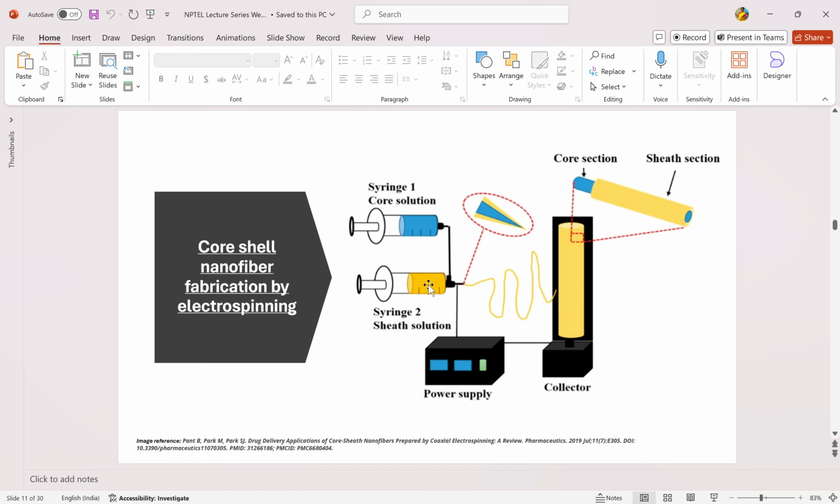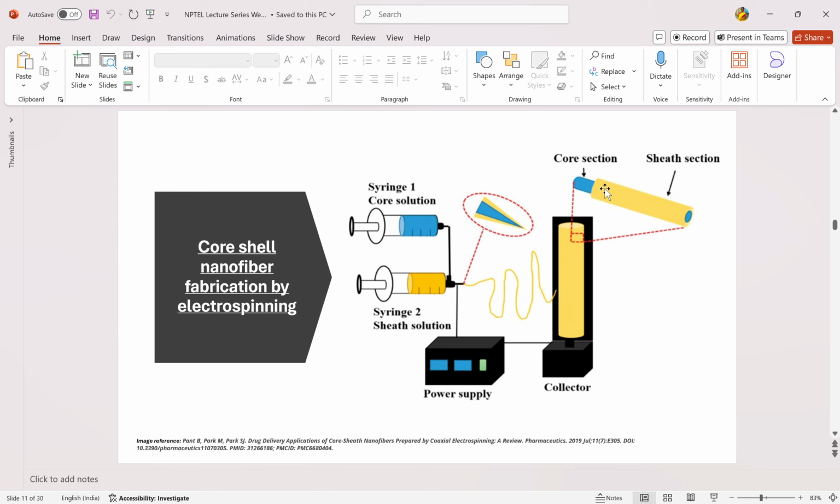For this, instead of one spinneret, you have two, and they are both attached to each other. You can see here in the setup that this is the main solution which is being ejected, which is the sheath, and you're adding the core solution. It is mixed in such a way that your core polymer is inside and the sheath solution is outside, and then you are collecting it.